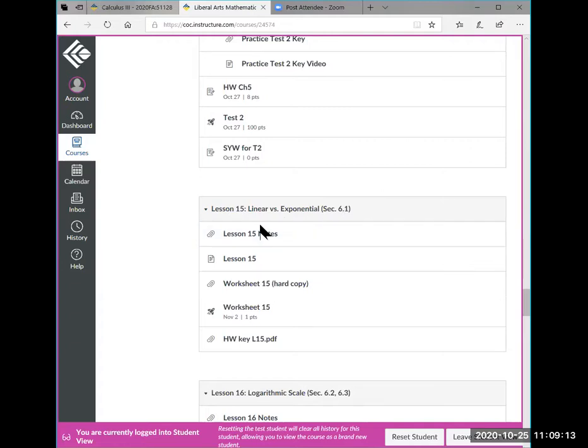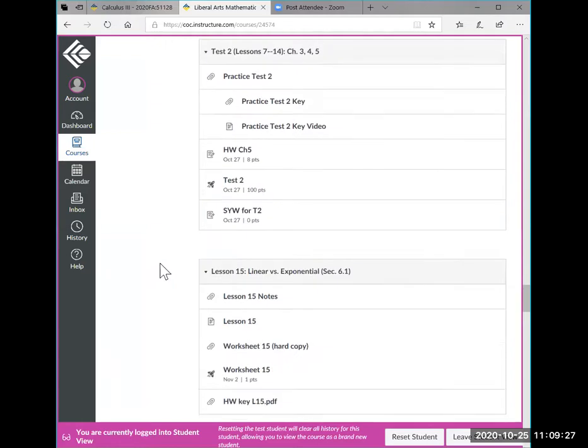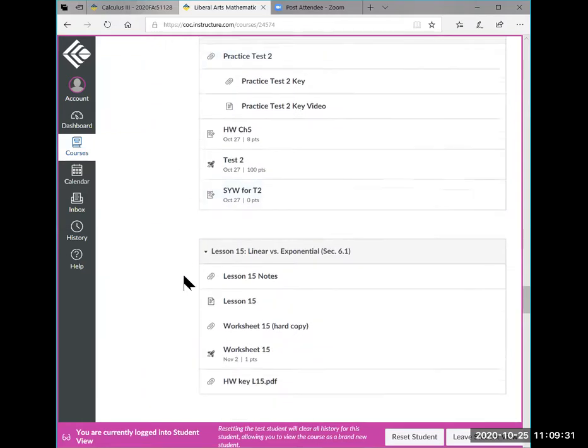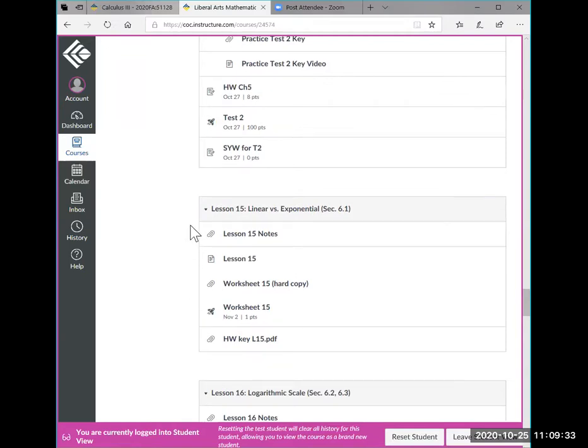The first section, or the first lesson, is on linear versus exponential growth. You have already seen the difference in terms of finance, but you'll get to see this in a more general setting in lesson number 15. So what are you supposed to do for this coming week? Take test number 2 on Tuesday, and then sometime later that week, do lesson number 15. Your worksheet will be due the following Monday as well.